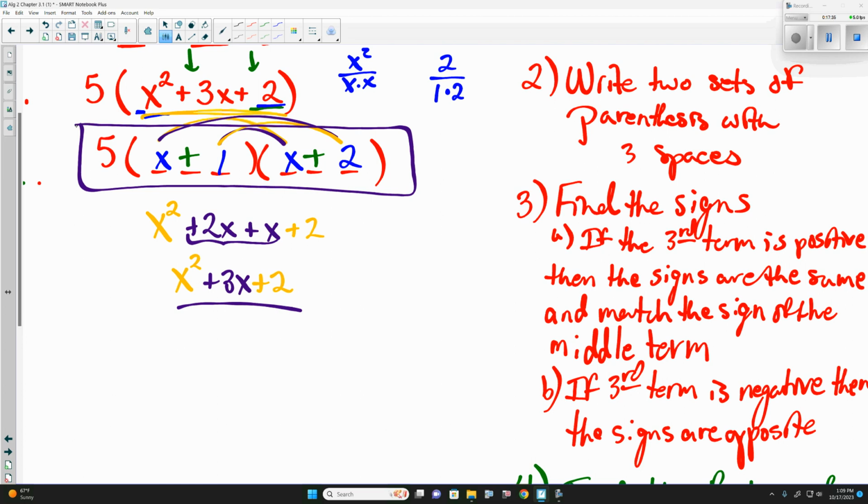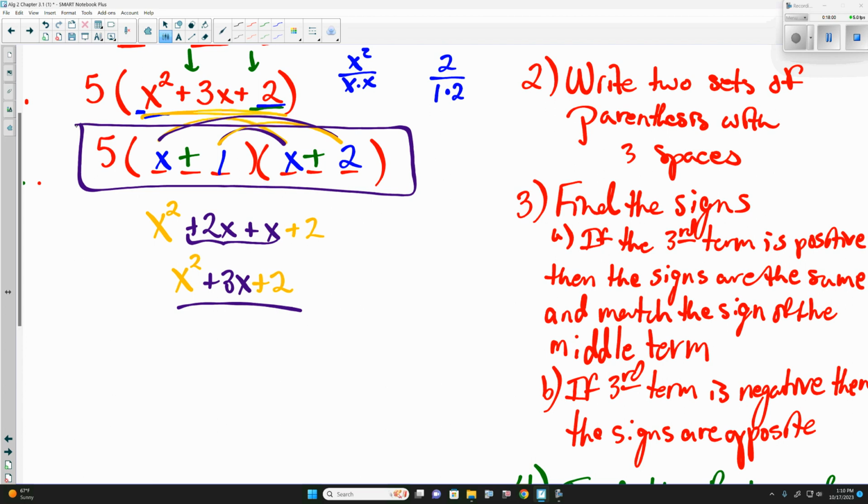Now I did write our x times x and our 1 times 2 in yellow for a certain reason. Because our x times x, where did we get the x and x from? Well, they're the factors of x squared, yes? So if they're the factors of x squared, they will always multiply back together to be x squared.